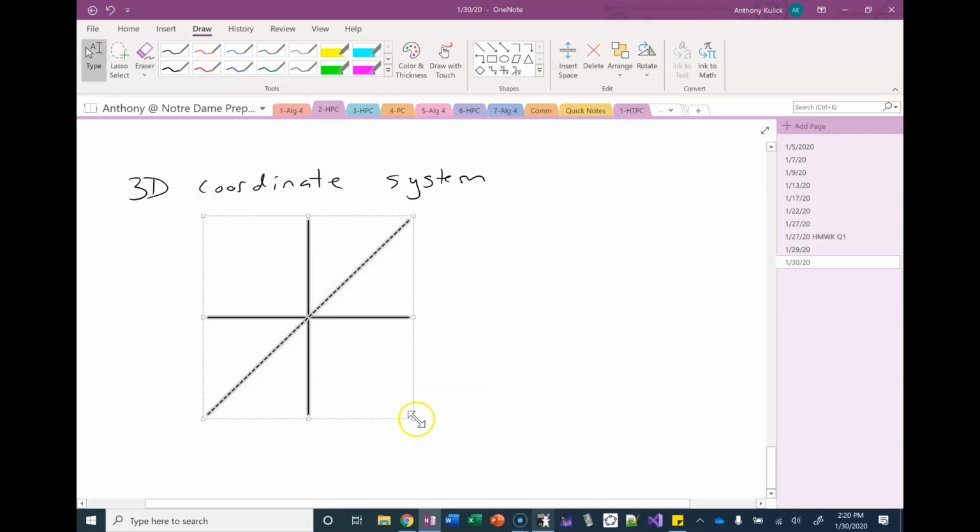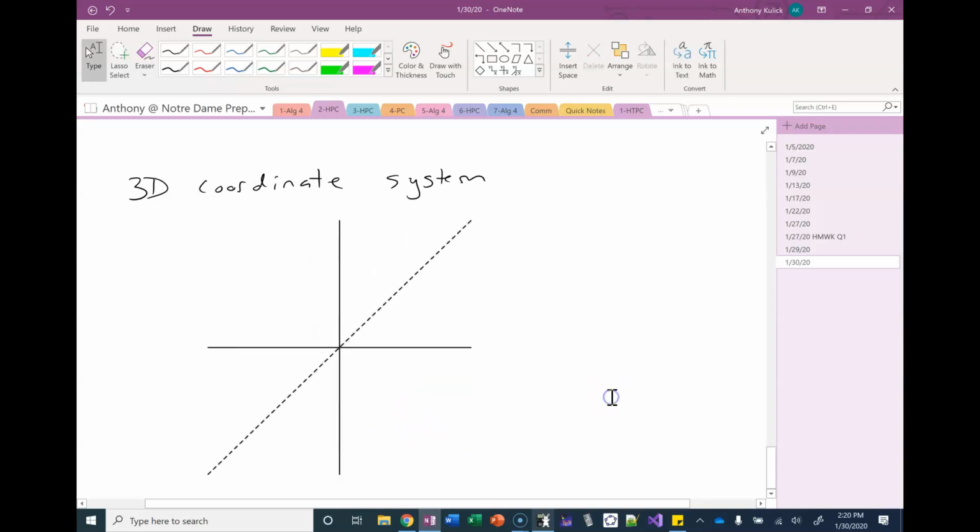A 3D coordinate system is three-dimensional. So this is an example of what this would look like. This one, the line that's coming out of the sheet of paper towards you, is the x-axis. This line is the y-axis. And the up and down is the z-axis. Is everybody okay there?